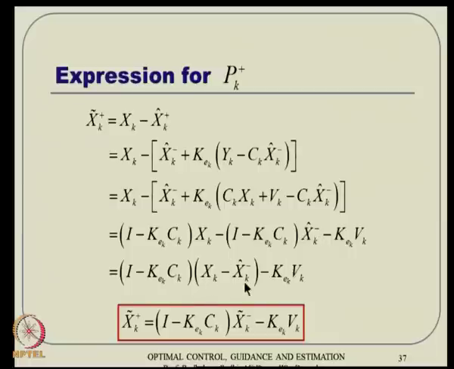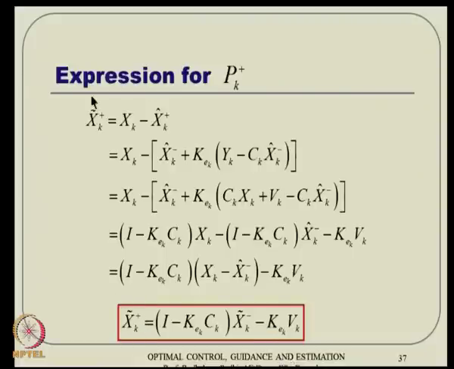So, when you talk about this quantity, this is nothing but, by definition, the error between these two. So, the error after update is a function of the error before update, which is very logical actually, and then this Vk quantity also.